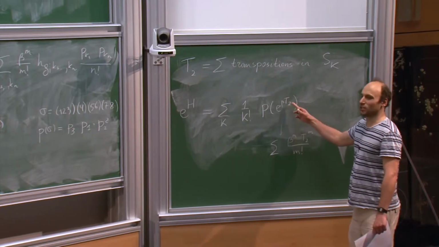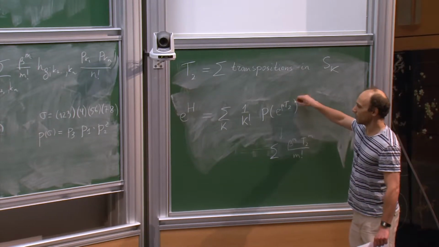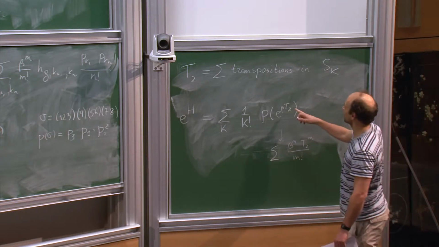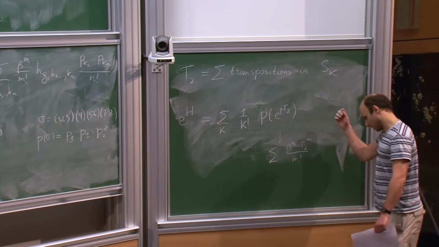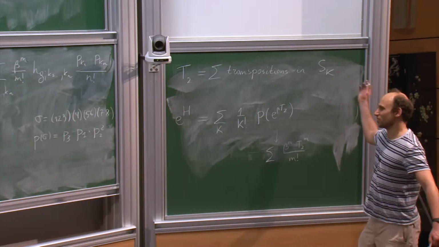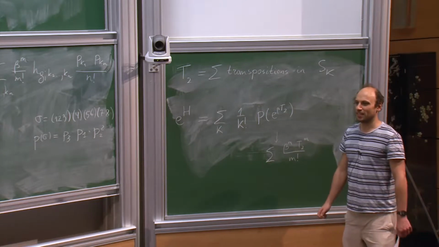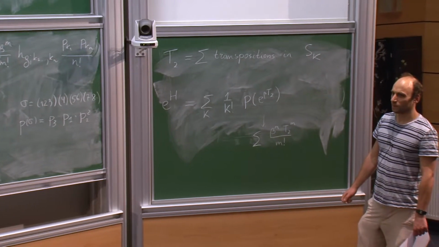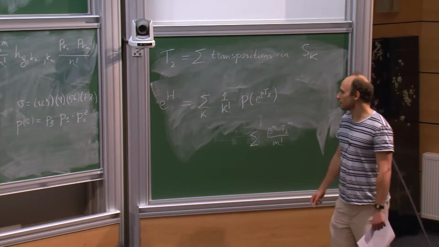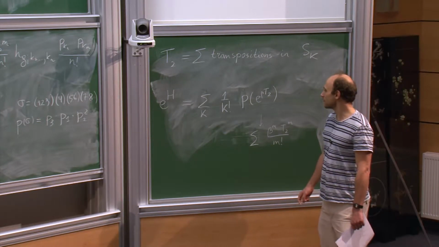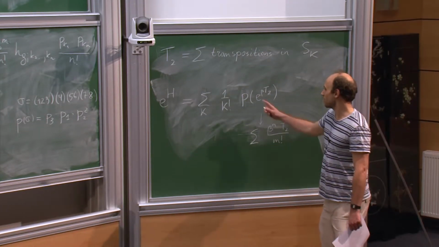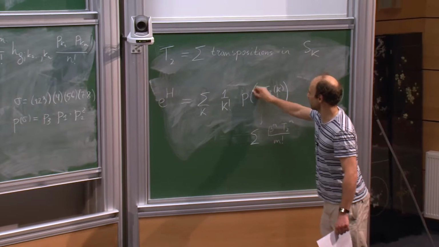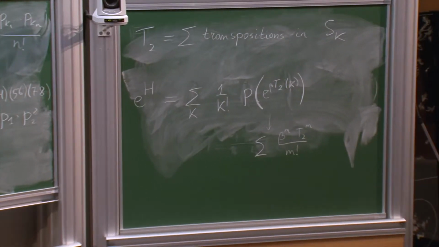T2 actually depends on K, and I could write a K here, but it may be better not to. It is what is called a stable conjugacy class. The sum of transpositions exists for any K. No, it's impossible to understand this formula: sum over K, 1 over K factorial, a fixed number e, and then multiply by something which doesn't depend on K. Grammatically this formula doesn't make sense. Okay, if you prefer a K here, I can put it.